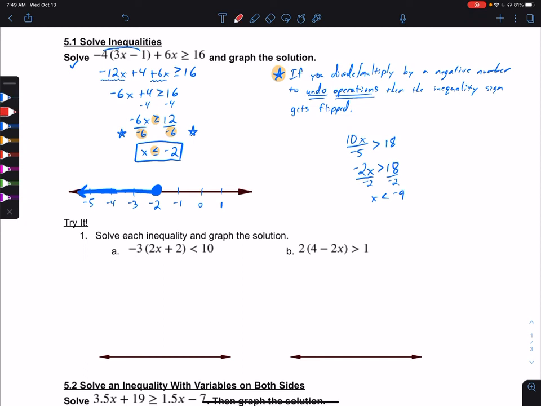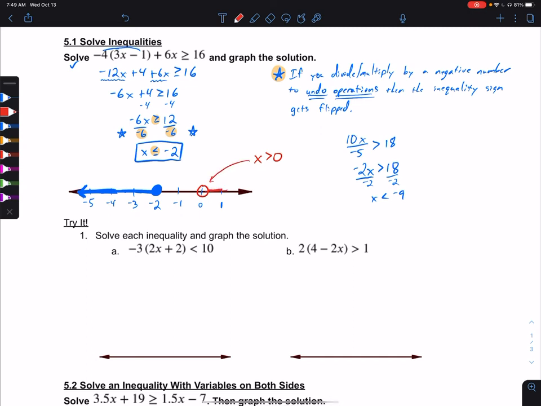What you want to be aware of is, let's say I had something like x is greater than 0. In this case, my solutions are greater than 0, but they're not equal to. There's no equal sign in this case. So if it's just greater than or less than, you would put an open circle.